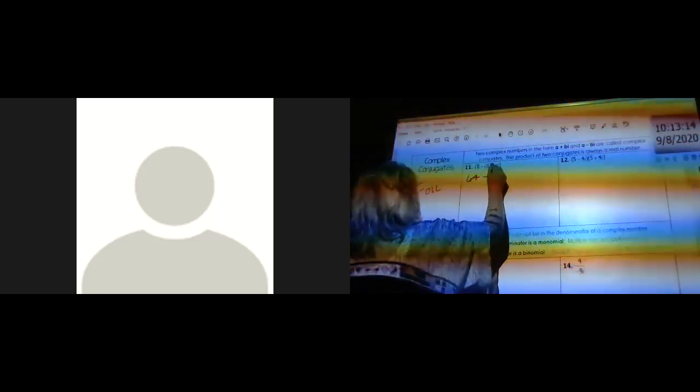FOIL it out. 8 times 8. 8 times a negative i. 8 times a positive i. And then negative i times a positive i. When you combine like terms, what happens to your middle terms? They cancel out. When something cancels out, what do we say it equals? 0.